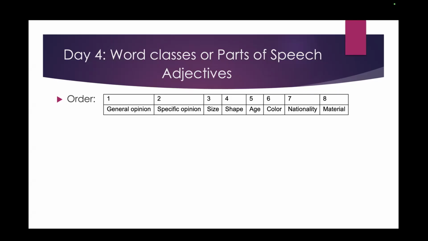And the order refers to how the adjective modifies the noun, right? And how that adjective can be classified or categorized in a general opinion, a specific opinion, size, shape, age, color, nationality, and material.